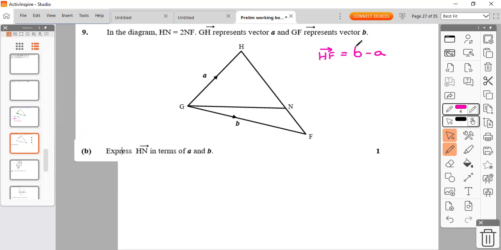Okay, so I'm going to have that sitting there. Now, when we look at it up here, we've now got HN equals 2NF. Let's break that down a wee bit. We've got H to N, which is a length.